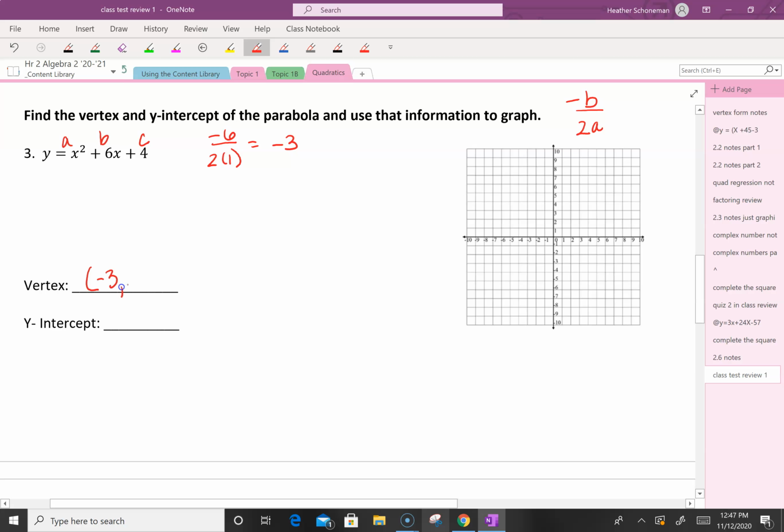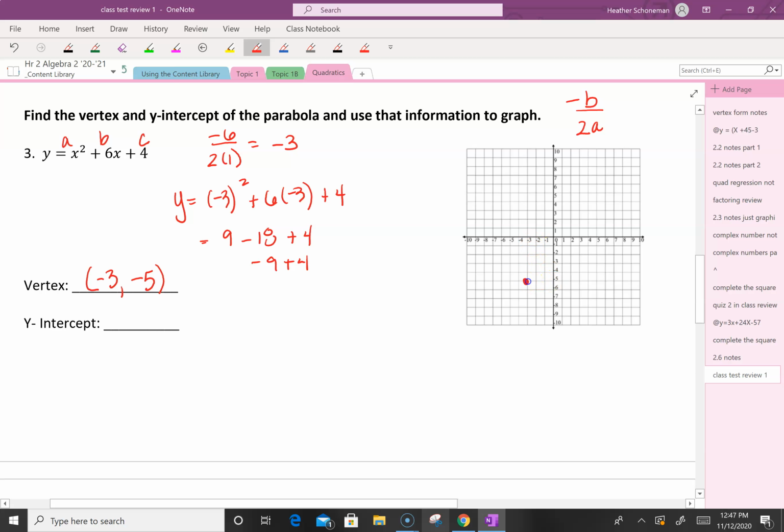So this is -3. Now to find the y, I need to plug in -3. So I have -3 squared plus 6 times -3 plus 4. So that's 9 minus 18 plus 4, which would be -9 plus 4, which would be -5. So my vertex is -3, -5.